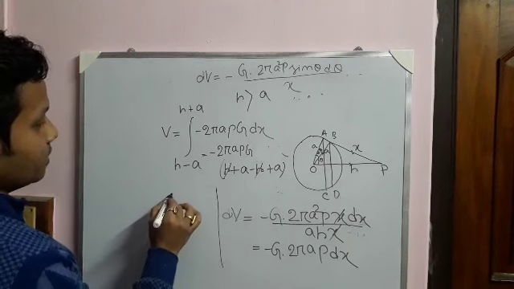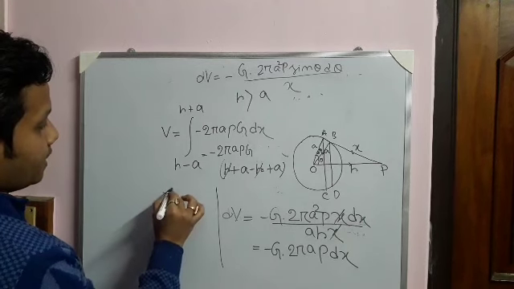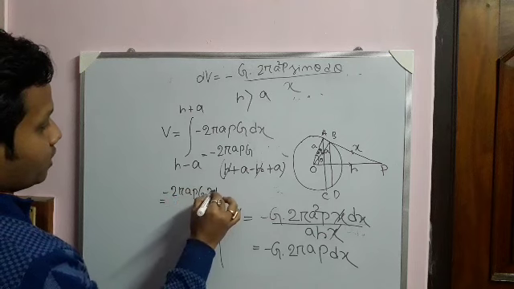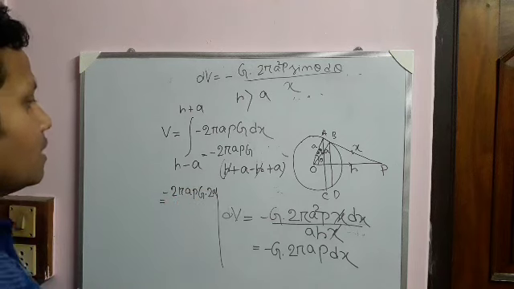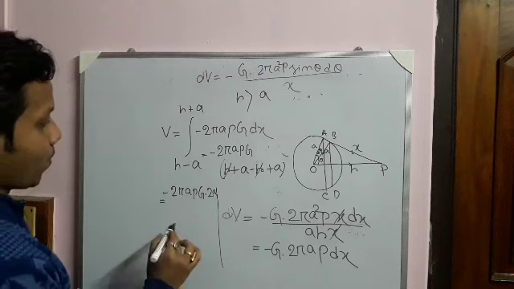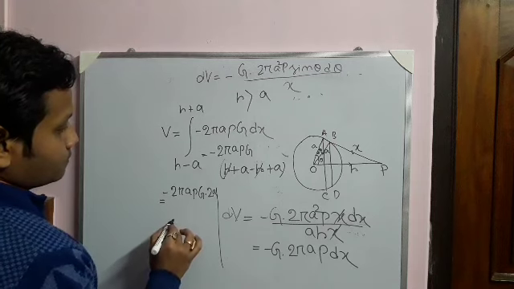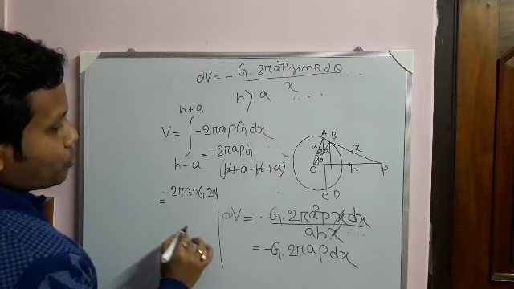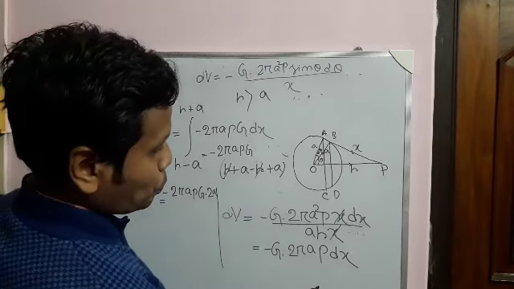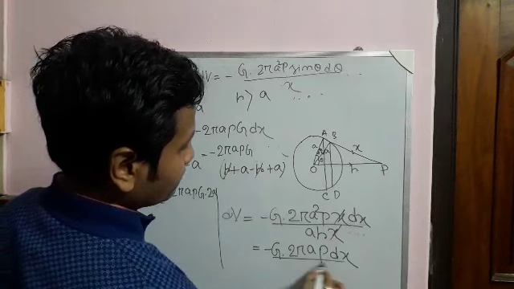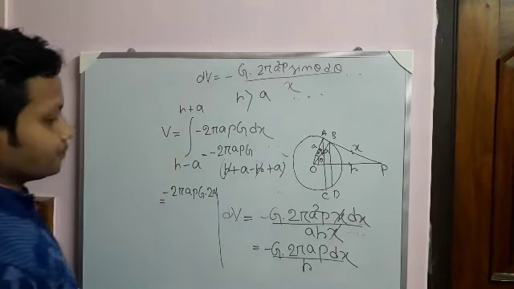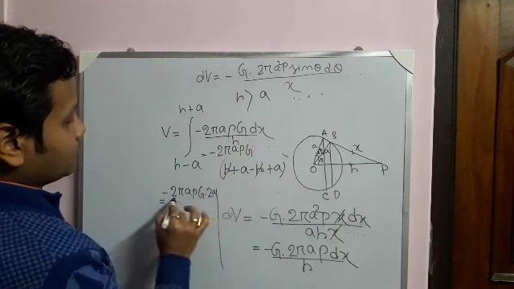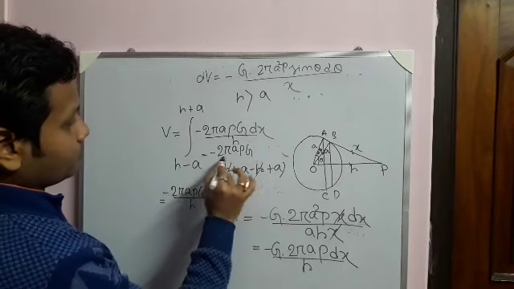The result will be minus 2 pi a rho g into 2a, okay? This is the result. Oh sorry, there will be an r term missing. So simply there is an r term, sorry for the mistake.